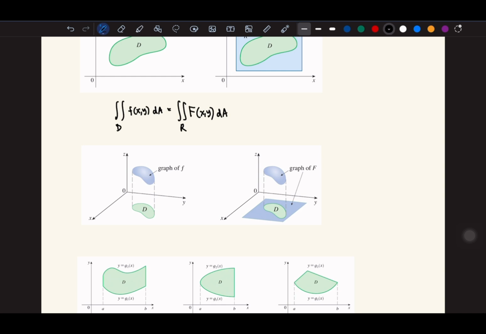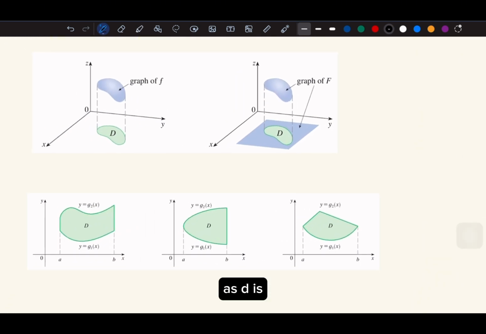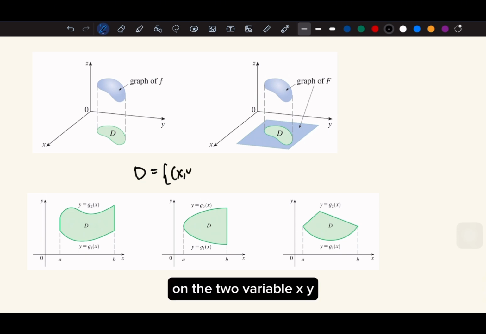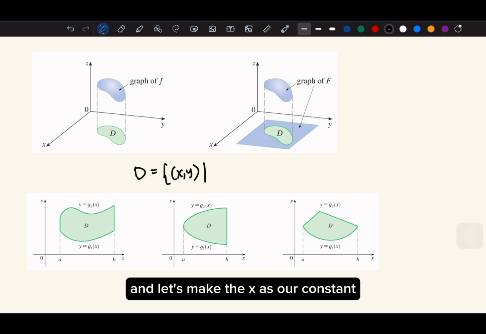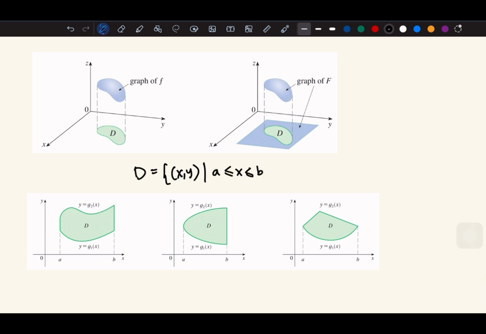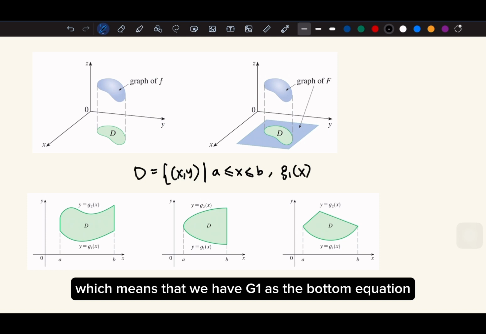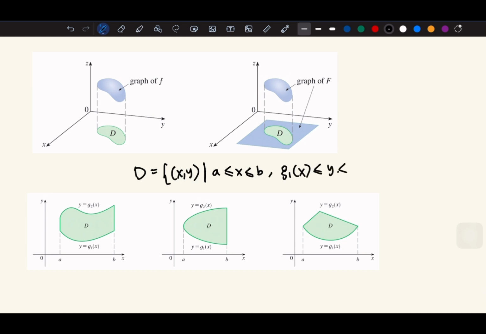So as D is on the two variables xy, let's make x our constant and y a function of x, which means that we have g1 as the bottom equation and g2 at the top.